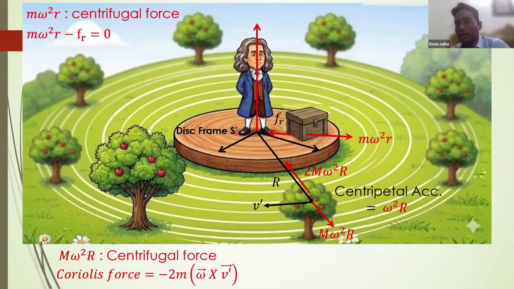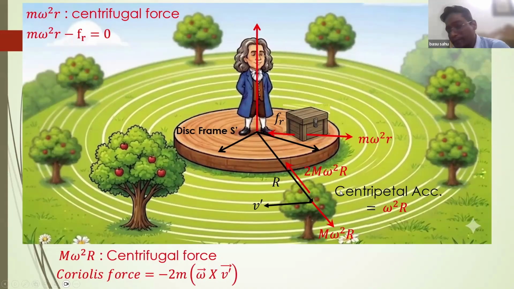So remember, with respect to a non-inertial frame we may sometimes define centripetal acceleration also, but use this term cautiously. For whichever body you want to use it, you have to use this word cautiously. Don't use centripetal force for this, because we are explaining it in a different way. It is not revolving around the disk, but here the tree is revolving around the disk.